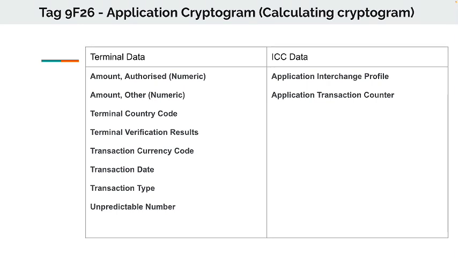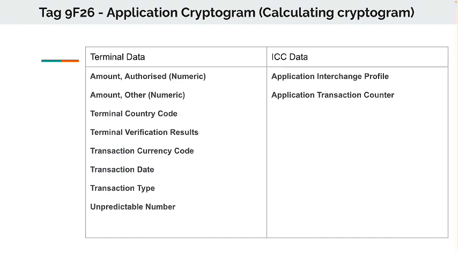Like I said, the application cryptogram has a lot of data in it. I've divided it into two types of data, right? We have one, the terminal data, and the other one, the ICC data. The terminal data is the amount authorized, the terminal country code, transaction currency code, terminal verification result, transaction date, transaction type, and unpredictable number.